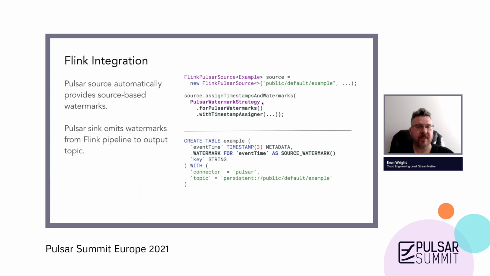Our proposal is to introduce a Pulsar-specific watermark strategy that draws watermarks directly from the consumer API, as we saw earlier. In addition, the Flink Pulsar sink has been enhanced to emit watermarks that arrive from the Flink pipeline.